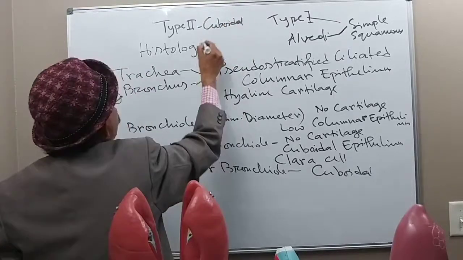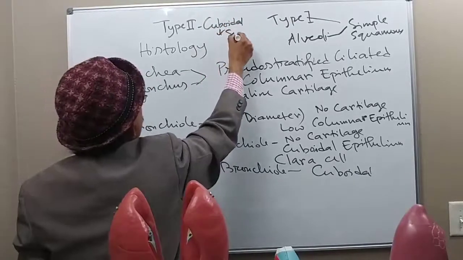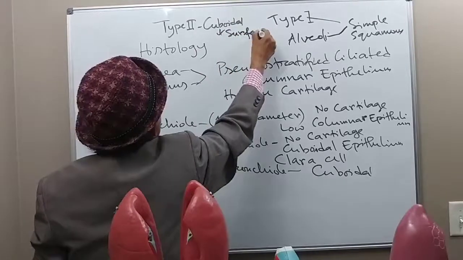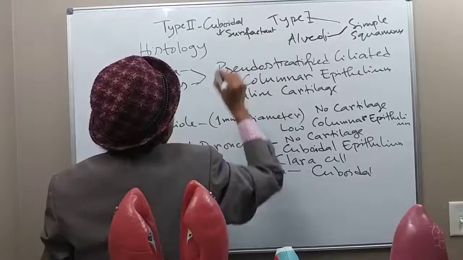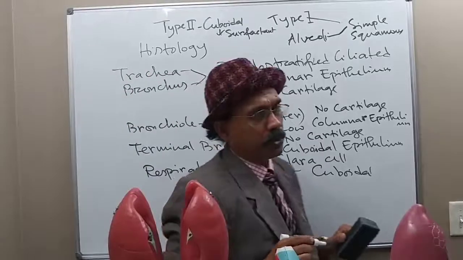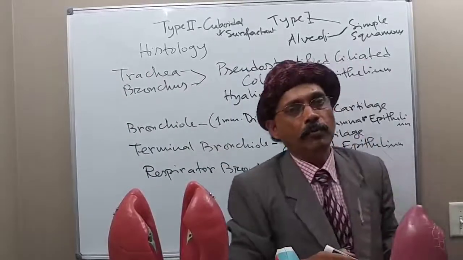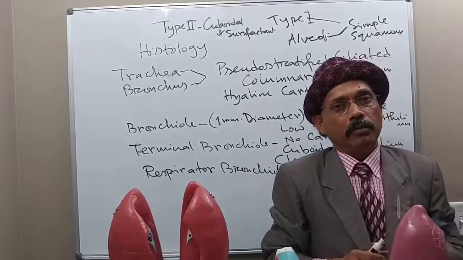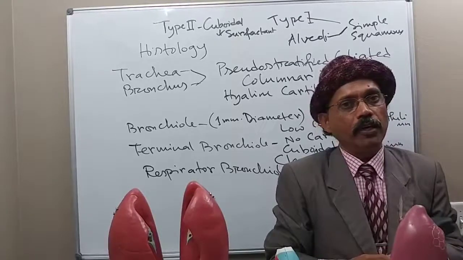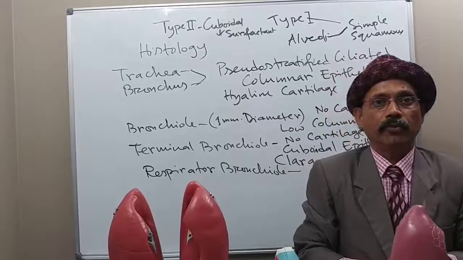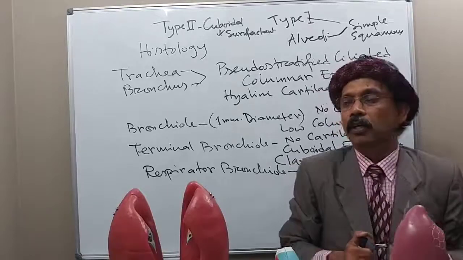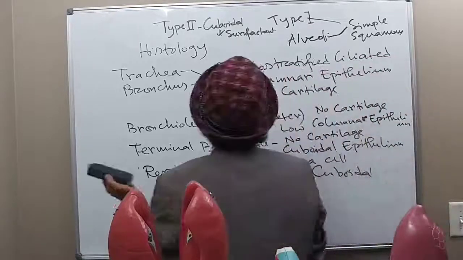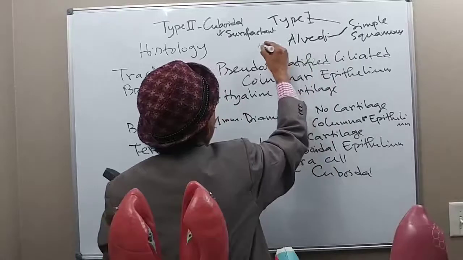We call it type 2. They produce surfactant. Without surfactant, especially in a premature baby born to a diabetic mom, they may have neonatal respiratory distress syndrome. Surfactant is a phospholipid released by the lung alveoli.